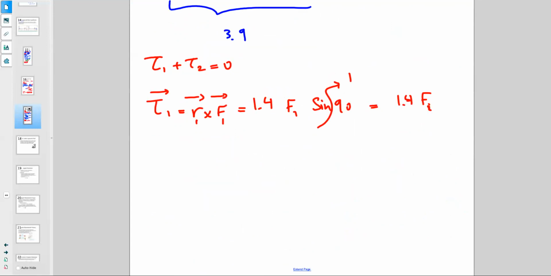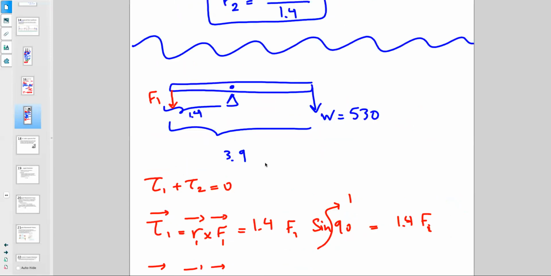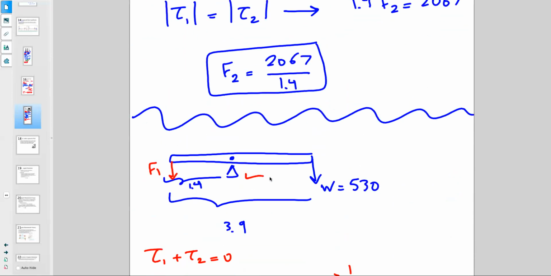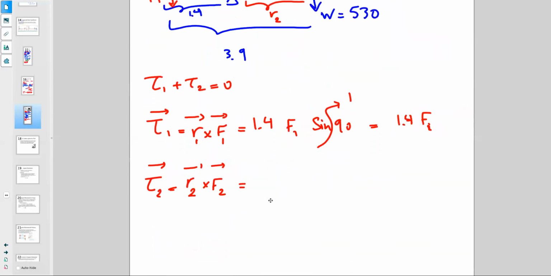Now torque 2 is R2 cross F2. This is R2, which is 3.9 minus 1.4, times the force, which is 530, times the sine of the angle between them, which is sine of 90. This is always 1.